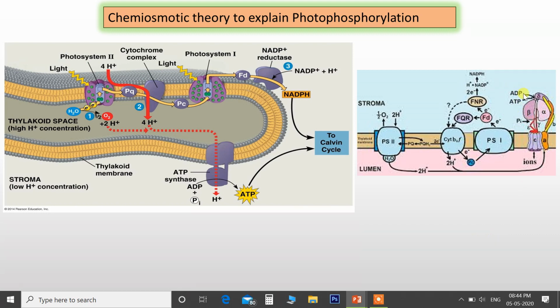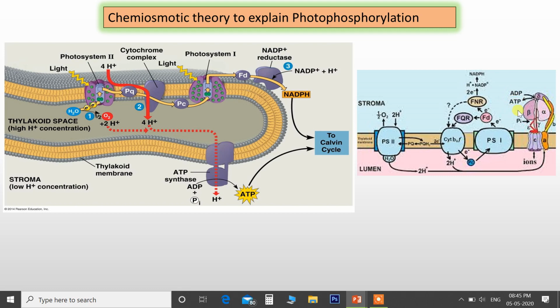This process is the photophosphorylation. This process is the phosphorylation, that is the synthesis of ATP from ADP and inorganic phosphate. The sufficient energy which is released by this downhill movement of protons is utilized for this ATP synthesis.